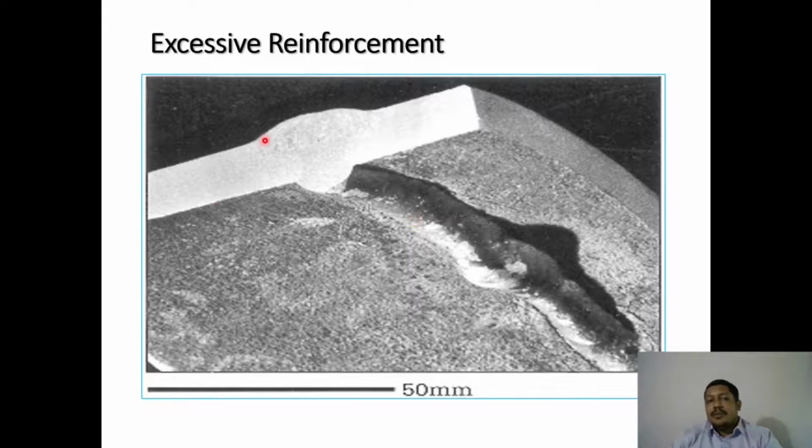You can see over here this is excessive reinforcement. As a result, the bead width is much higher. This is the excess reinforcement on the face, and this is the excess reinforcement on your root. You can see the deposited area of the weld metal in the top view.